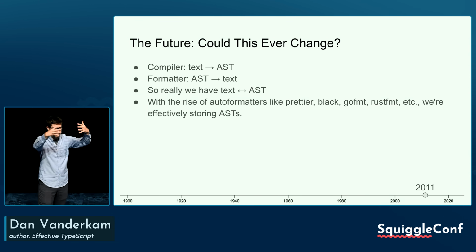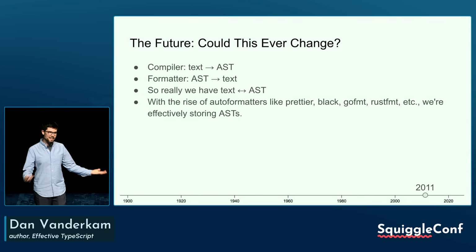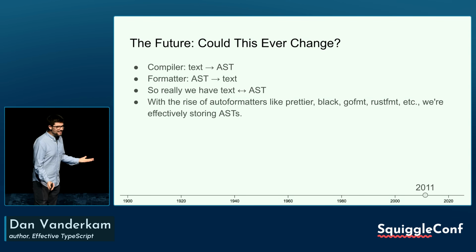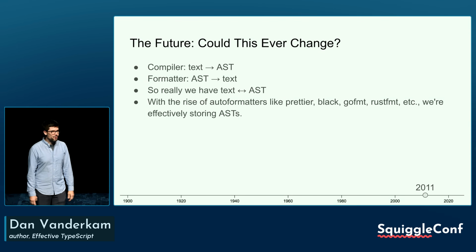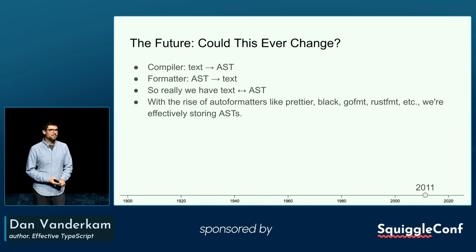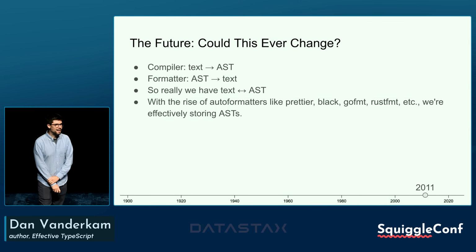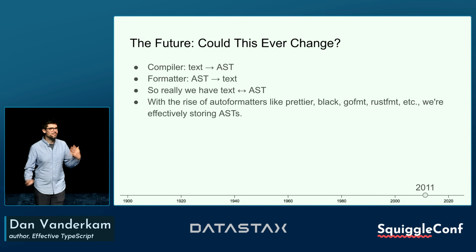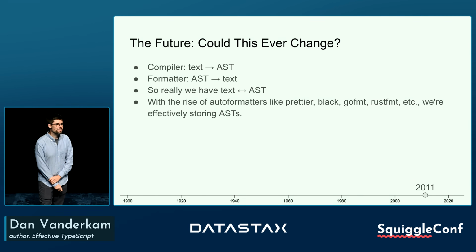And if you have a bidirectional mapping between two things, then in math, at least, you would say they're equivalent. So on some level, if we all are using auto formatters, then in some sense we are actually operating on the AST, right? The individual characters in our code are kind of an artifact that we don't really need to think too much about.